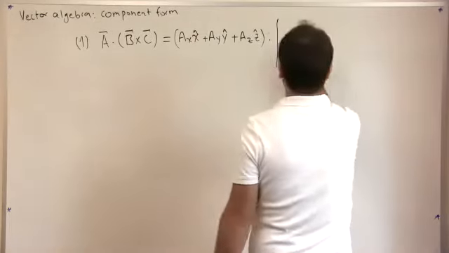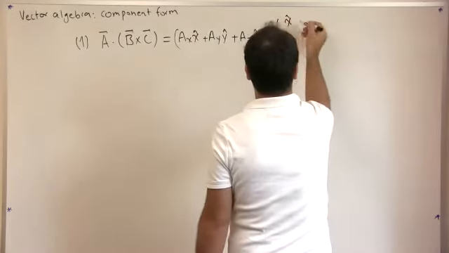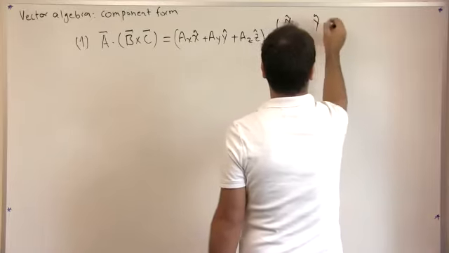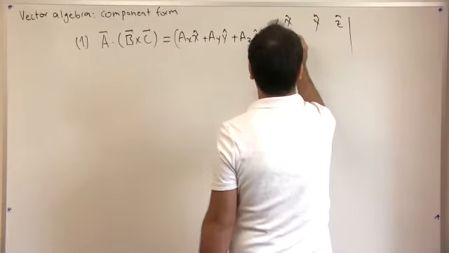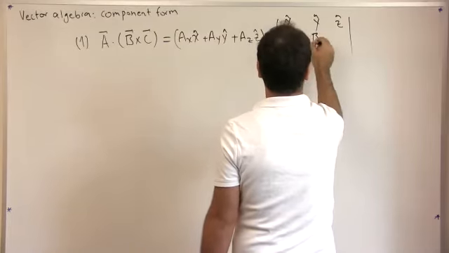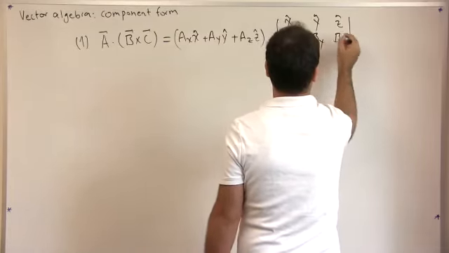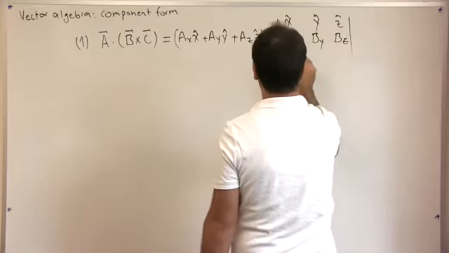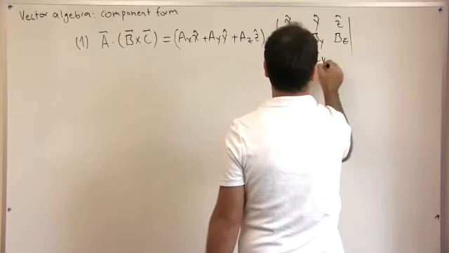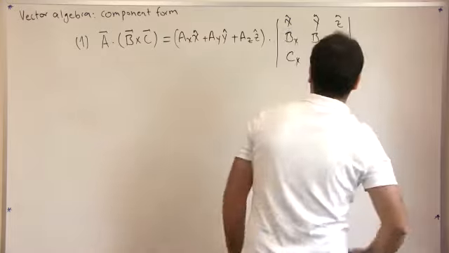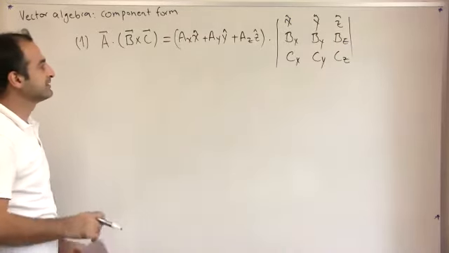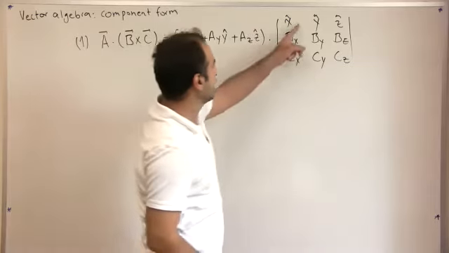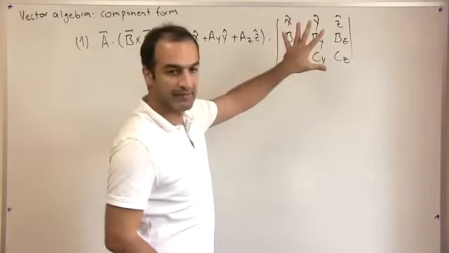So the second one is X hat, Y hat, Z hat here, and then we have BX, BY, BZ, and CX, CY, CZ. If you look at the dot product of this, you will end up having three terms.